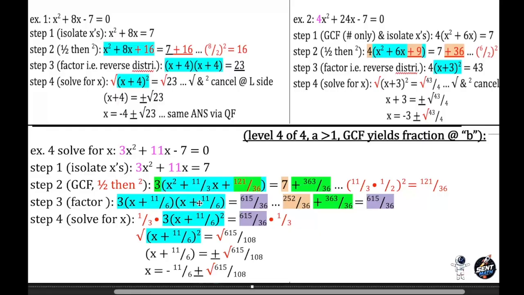These two parentheses get combined together and we rewrite it as a square. I get rid of this 3 by multiplying both sides by 1/3, and I'm left with this line in black. Square root both sides to get rid of the square. Square rooting the right side produces a plus minus. And lastly, I subtract 11 over 6 from both sides.